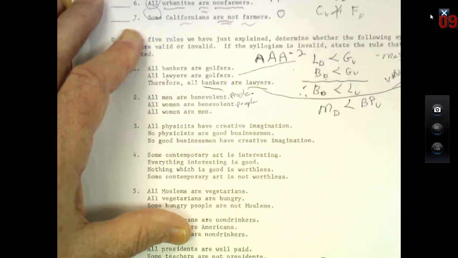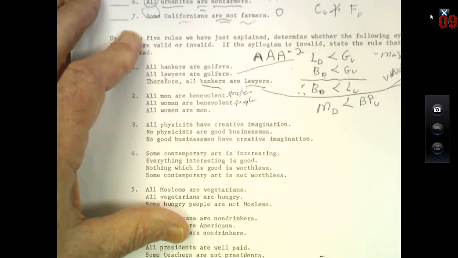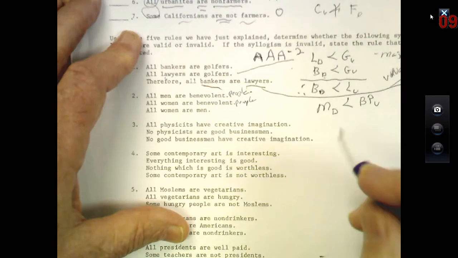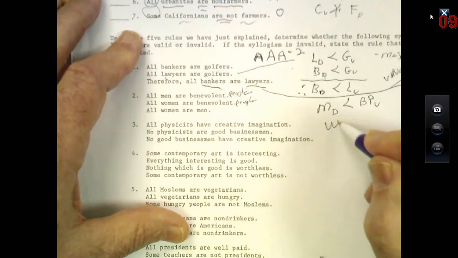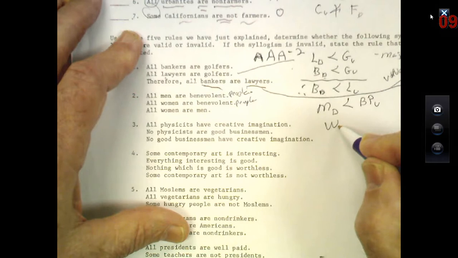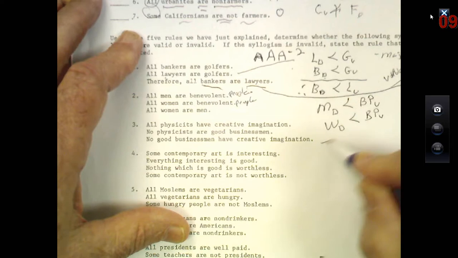Okay, the second one will be women, and I think it'll also be an A, and so that'll be distributed, is greater than BP, and that'll be undistributed.